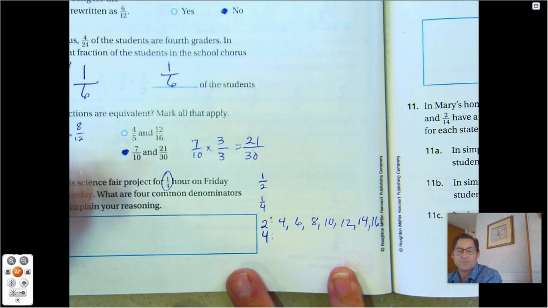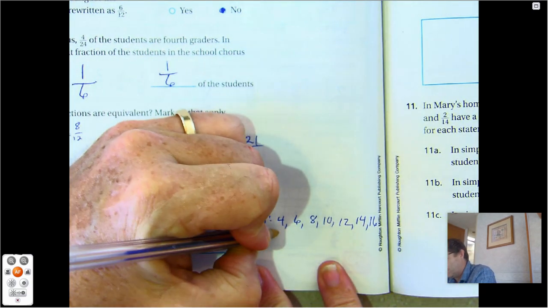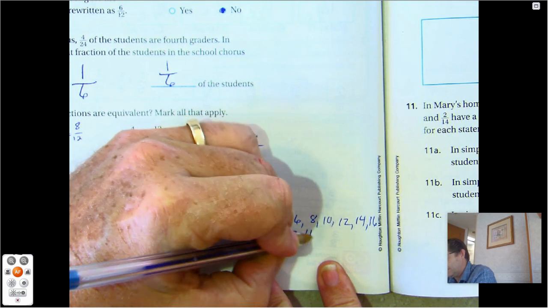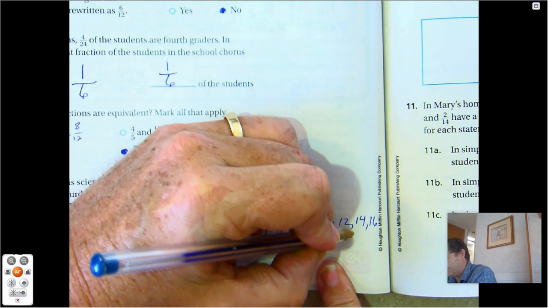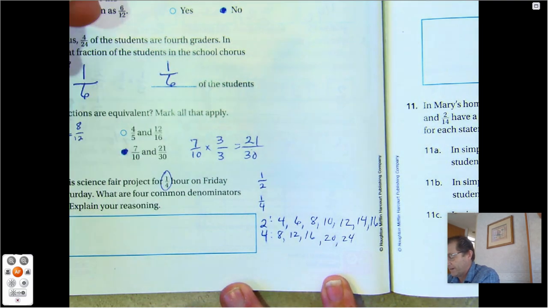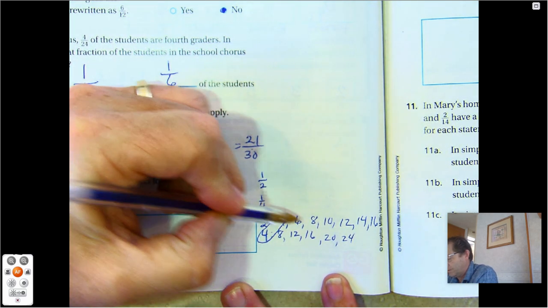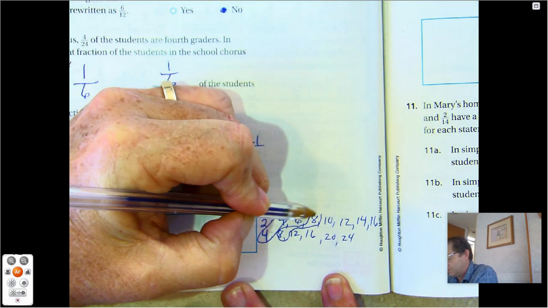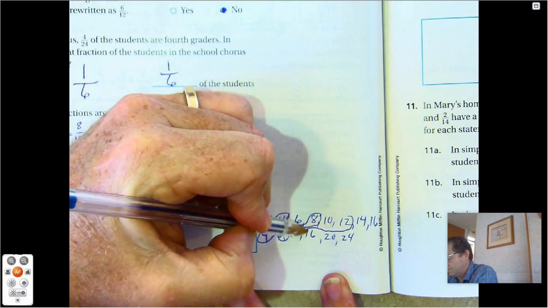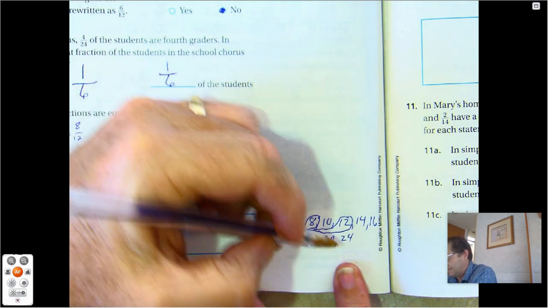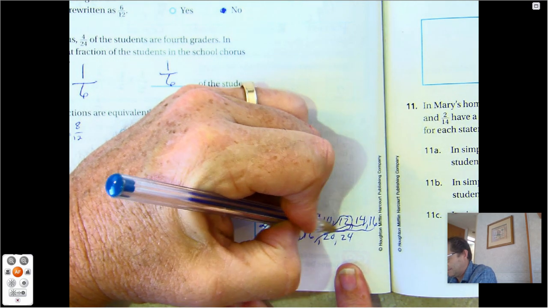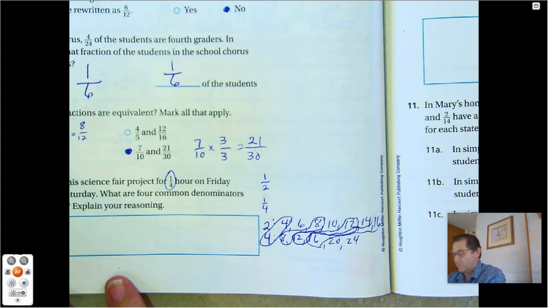And 4, 8, 12, 16, 20, 24. Let's see how many we've got in common. We've got 4, 8, 12, and 16. What are the 4 common denominators?